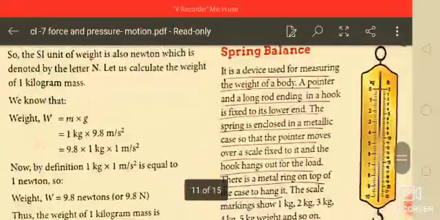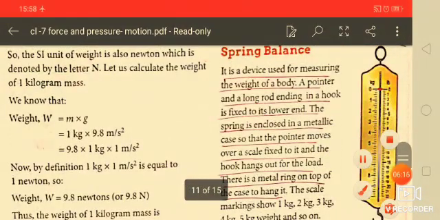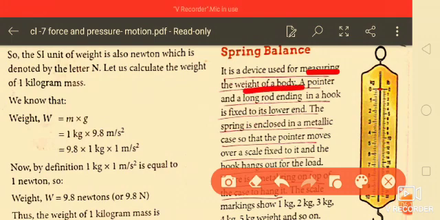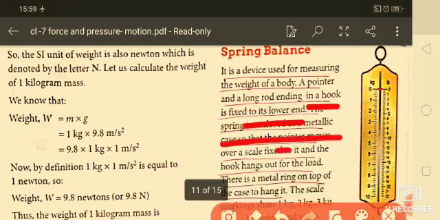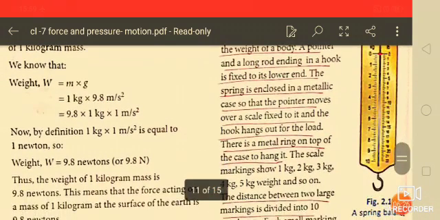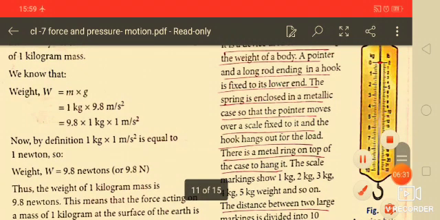Students, now the spring balance. You are seeing that this is a device used for measuring the weight of a body, with a pointer and a long rod ending in a hook fixed at its lower end. Here you will hang the weight and find its load.